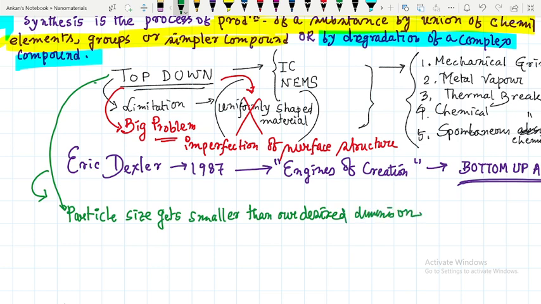By breaking down the bulk materials, they can break up into pieces so small that we cannot use them for practical purposes. So we then use the bottom up approach, where small clusters can be employed to make nanomaterials of certain desirable dimensions.